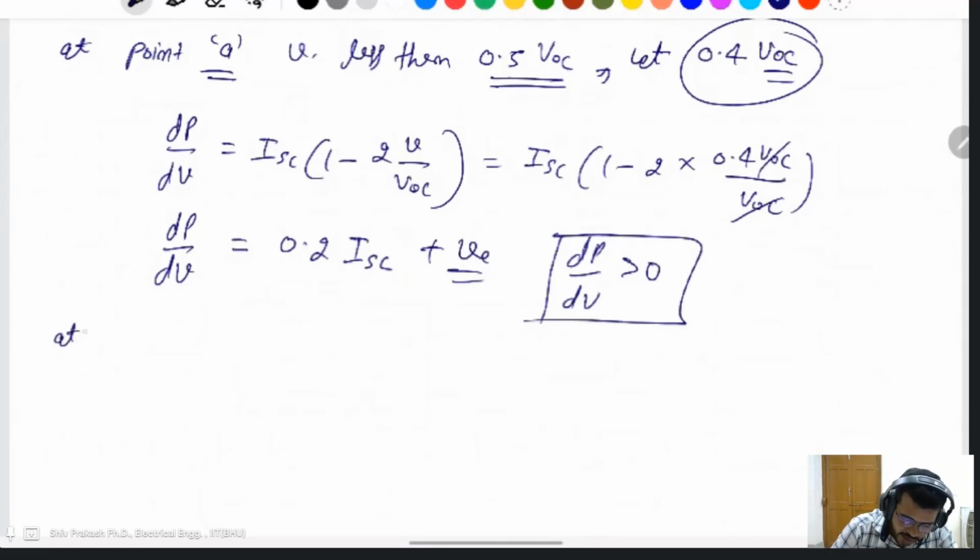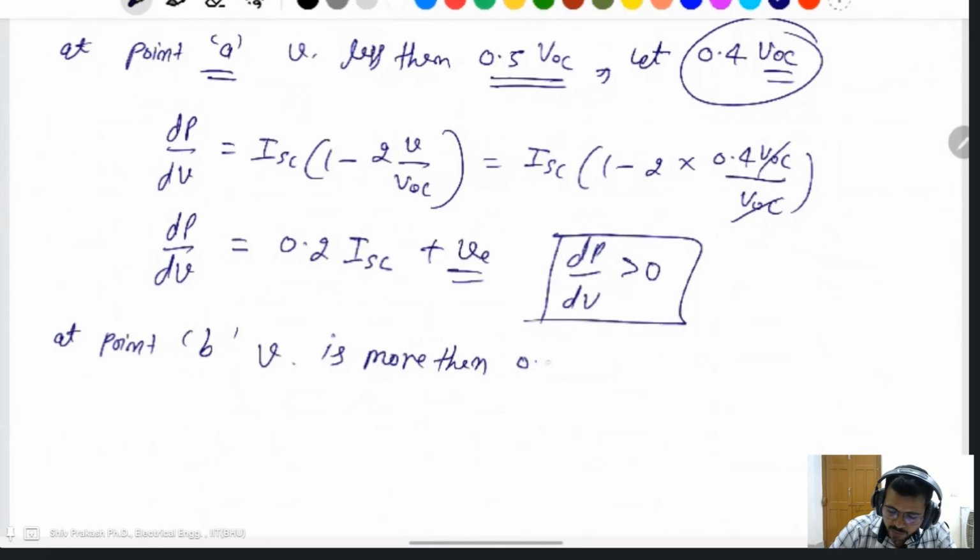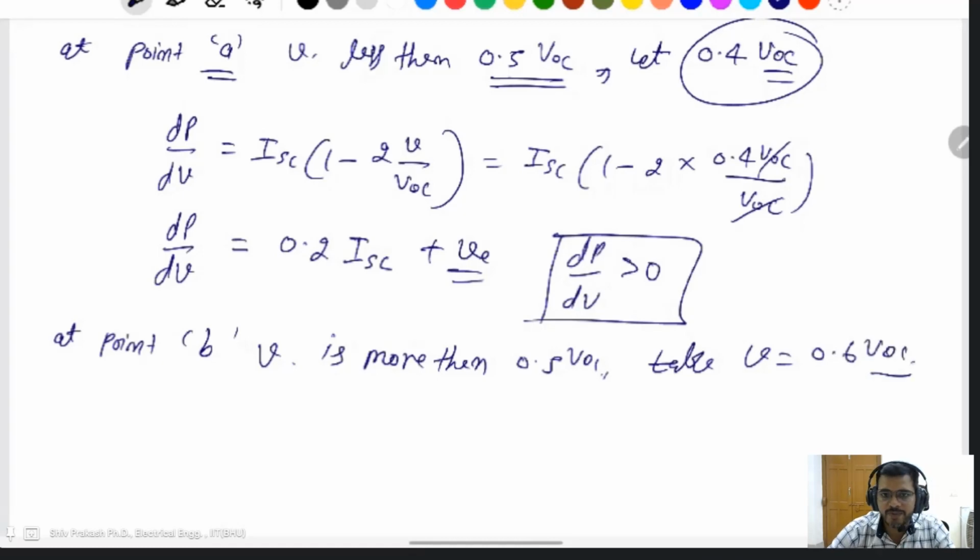Same thing at point B. B is more than 0.5 VOC. Take V is equal to 0.6 VOC, more than 0.5. Then check dP by dV.